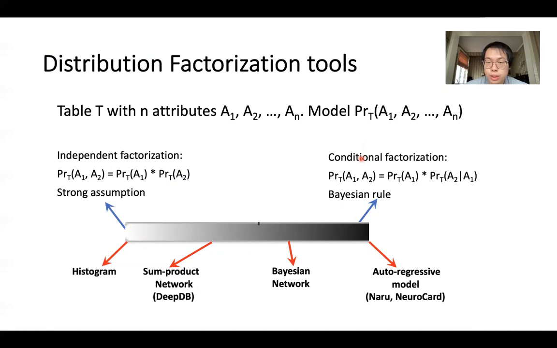Another factorization tool is conditional factorization, which uses the Bayesian rule and decomposes the joint distribution into a smaller joint distribution and a conditional distribution. Several good examples using this factorization for cardinality estimation are Bayesian networks and the autoregressive models used by Naru and NeuroCard, for example.